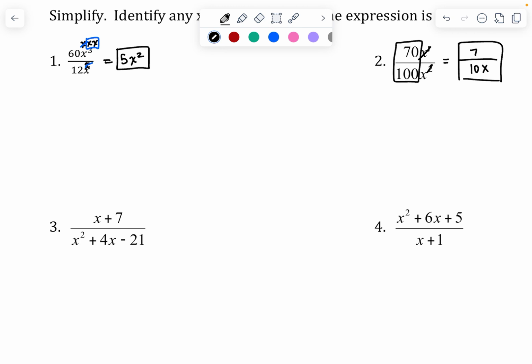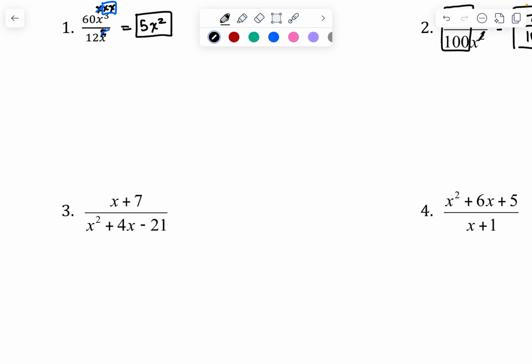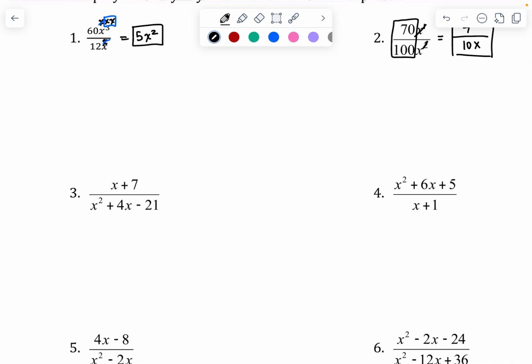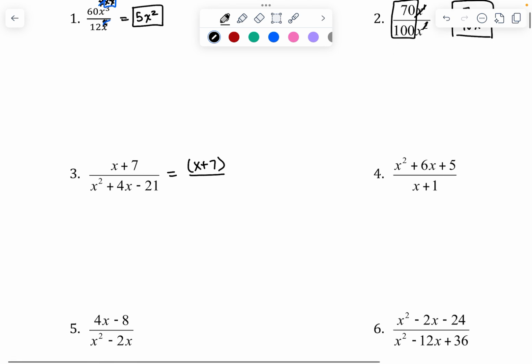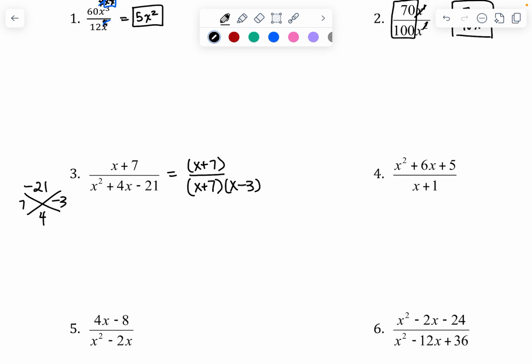Factors means multiply. And so what you want to do with these expressions is factor everything you can. And so the numerator is just a linear factor with no GCF, so that's not factorable. On bottom, that's a quadratic trinomial that factors to x plus 7, x minus 3, just looking for 2 numbers that multiply to negative 21 but add to 4, and so positive 7, negative 3.